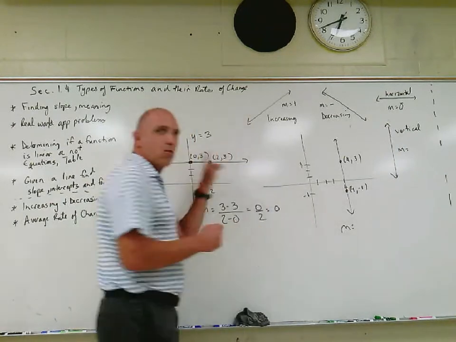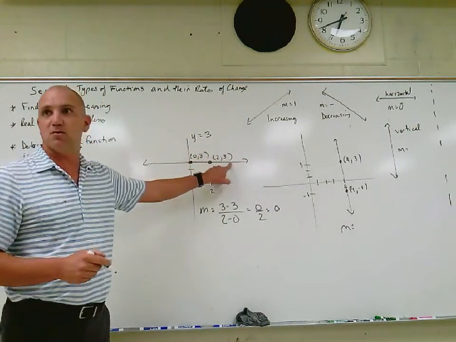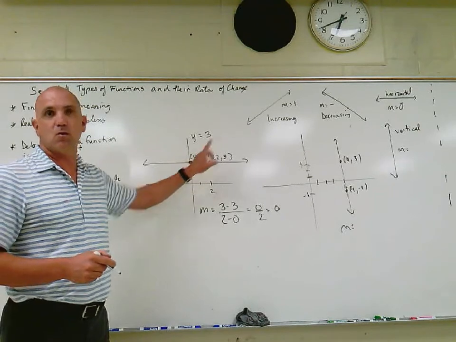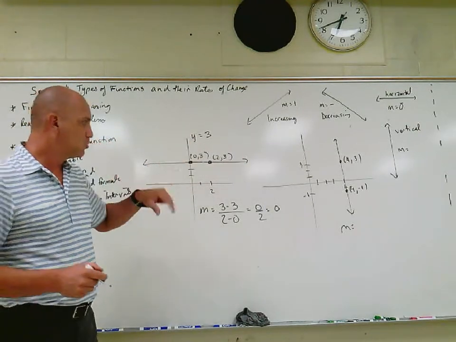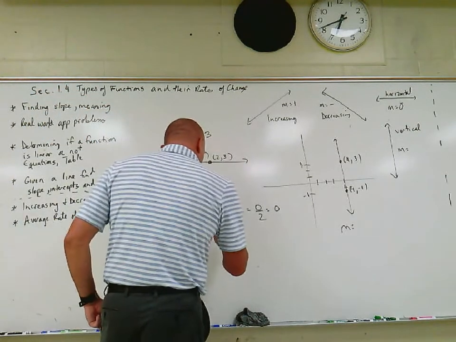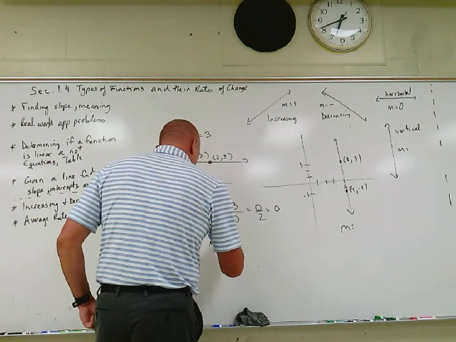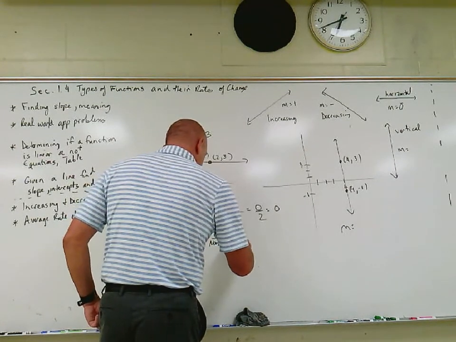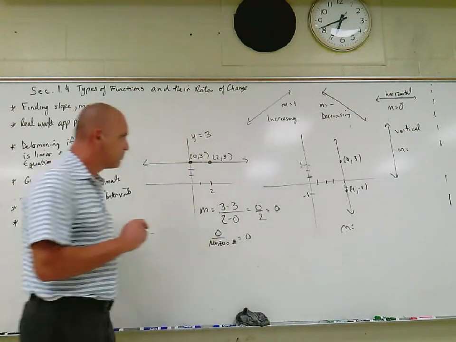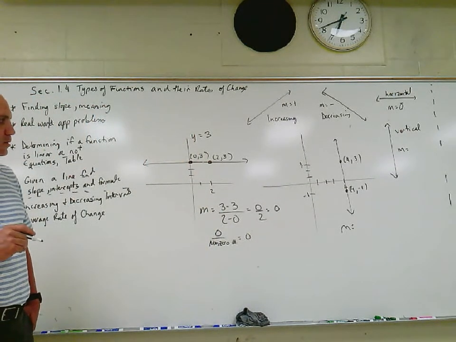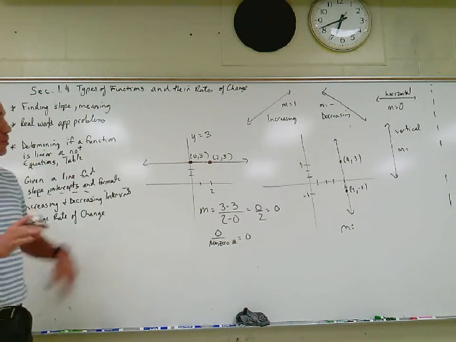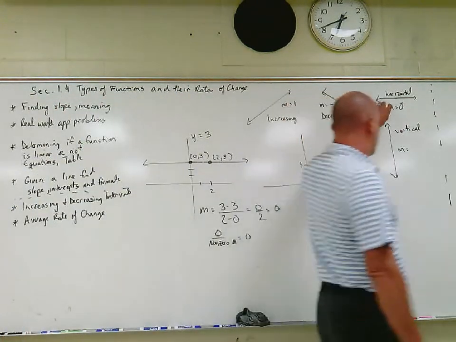And that's always going to work for horizontal lines because, see, the y's don't change. The y's are always the same on a horizontal line. So your slope is 0. Okay? All right. So there's that answer on horizontal. So we can just say, oh, it's always going to be 0 for horizontal lines.